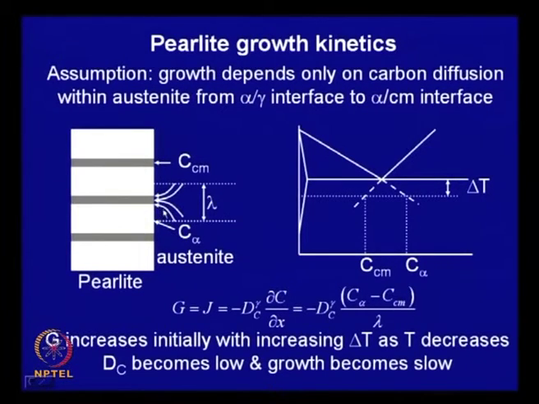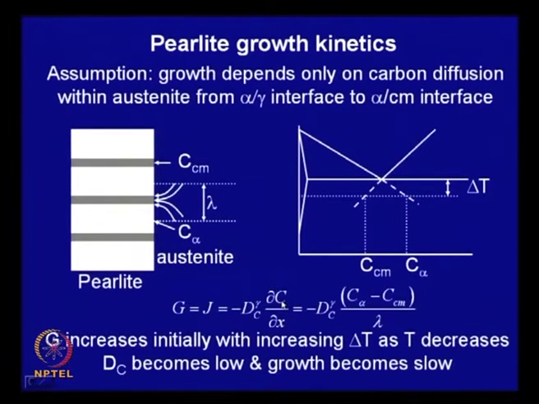So from here also there is a concentration gradient, and it will start diffusing. Using the diffusion kinetics, you can find the flux of carbon atoms which will move towards this, and this will determine the growth rate, G dot, which is proportional to the carbon flux. So it will be proportional to the diffusivity and proportional to the concentration gradient.